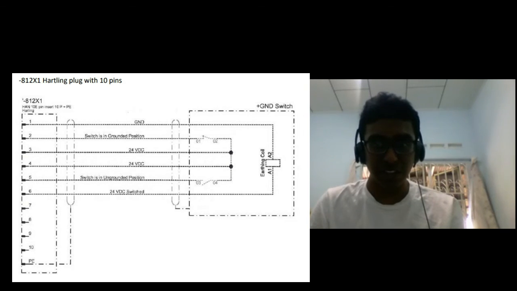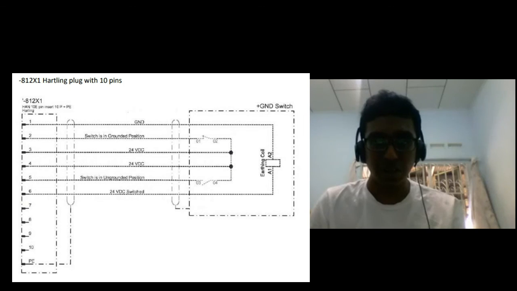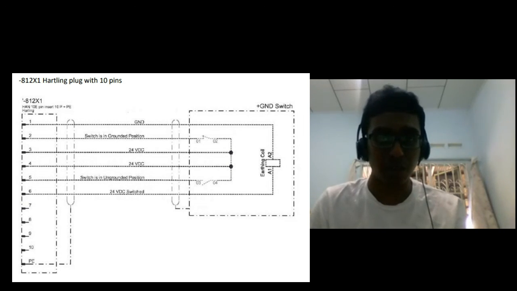From the circuit, we can see that the ground switch is always switched to grounded position when the software is HV off and power off, and it is always ungrounded when the software is HV ready or HV on.